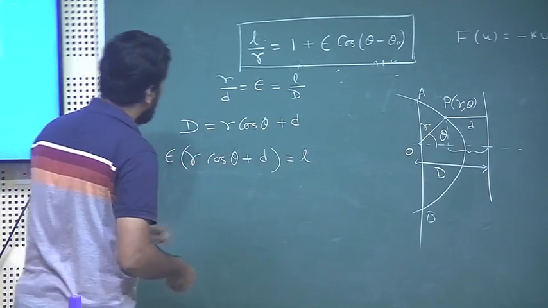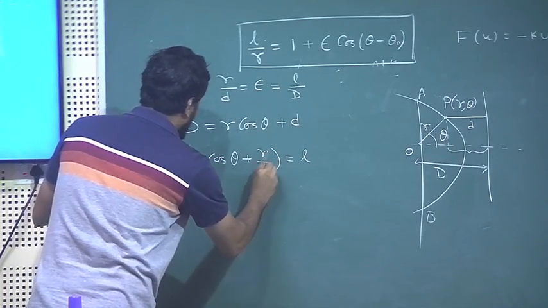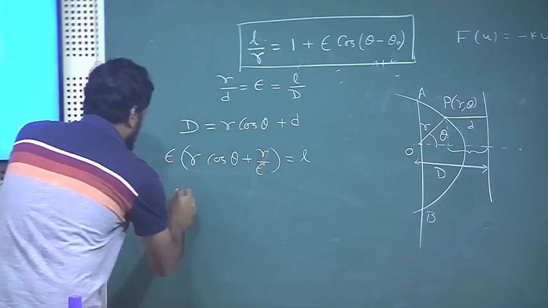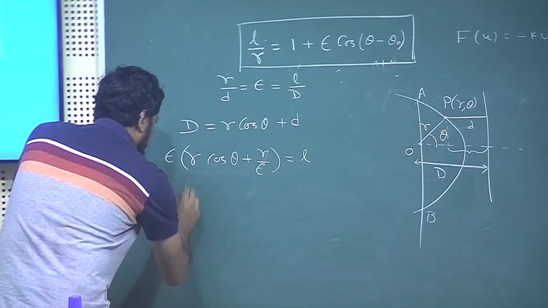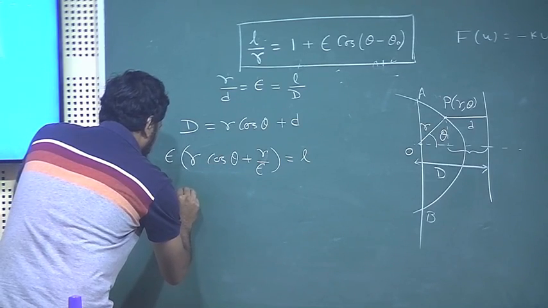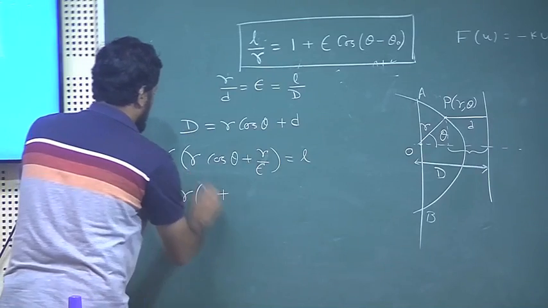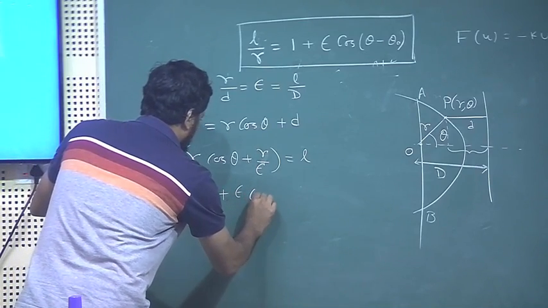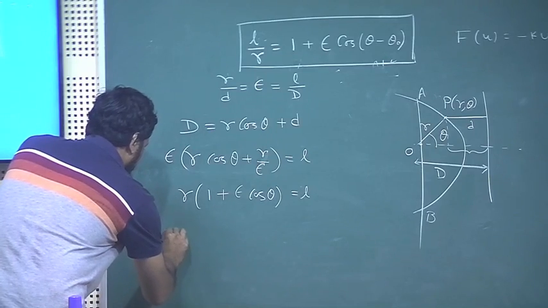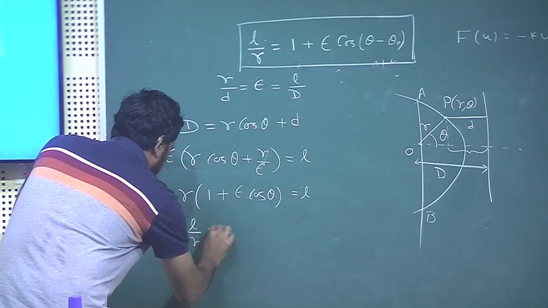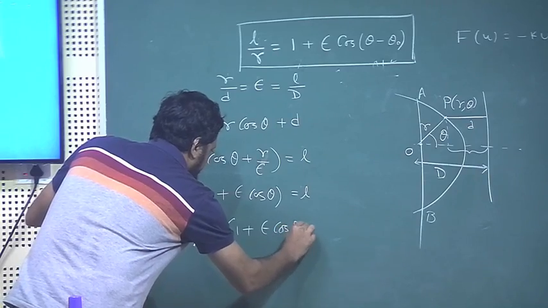R cos theta equal to d. So, d is r by epsilon. If we take epsilon in, it will be r times 1 plus epsilon cos theta equal to L, which will give L by r equal to 1 plus epsilon cos theta.